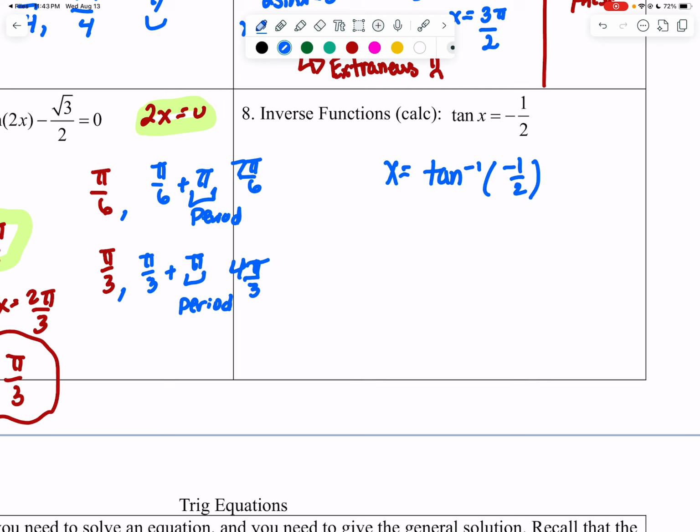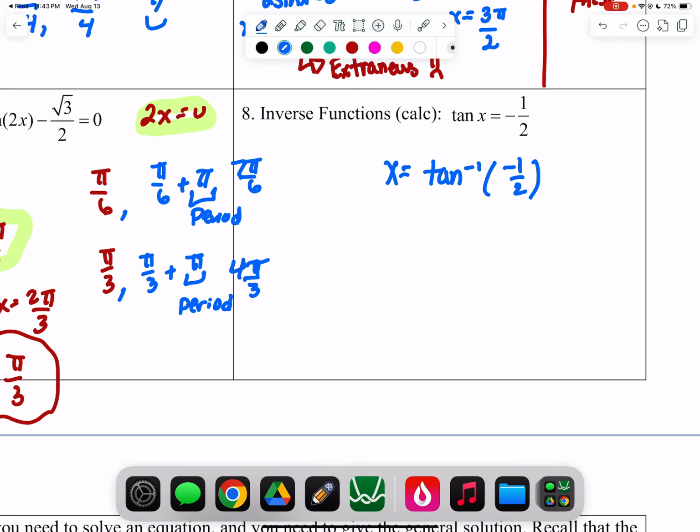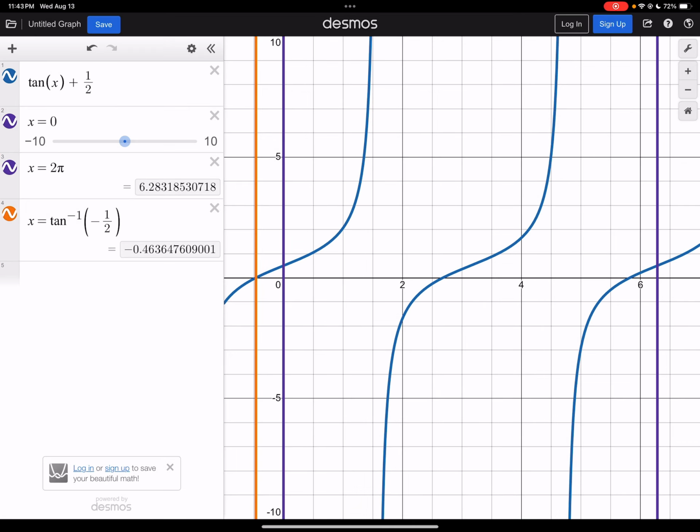This is the part where, because this is calculator active, we put inverse tangent of -1/2 into my handy dandy calculator, and you'll see that inverse tangent of -1/2 is -0.46364.